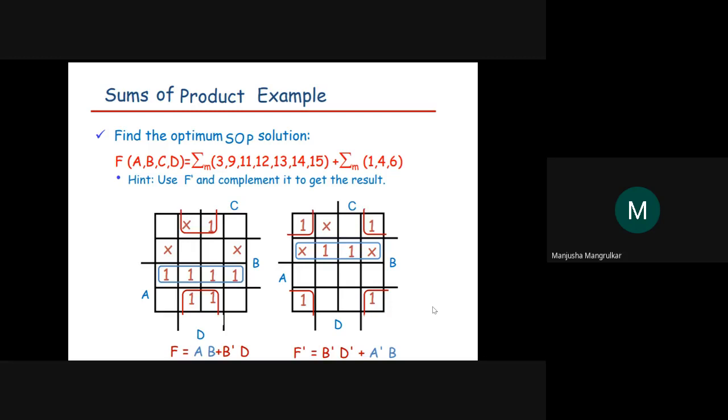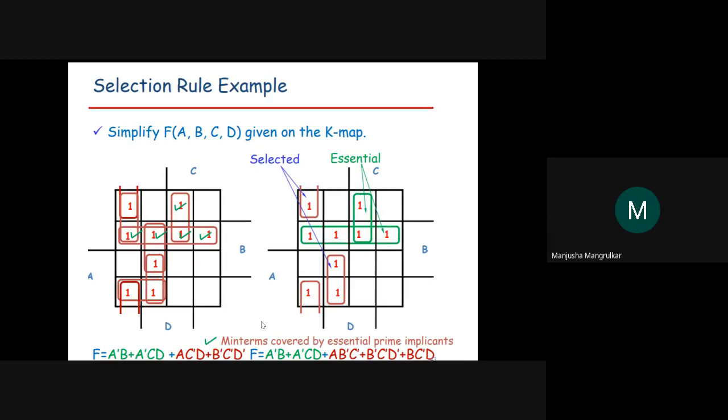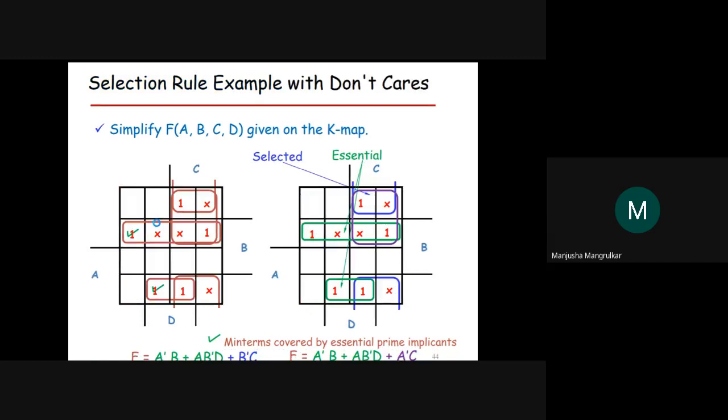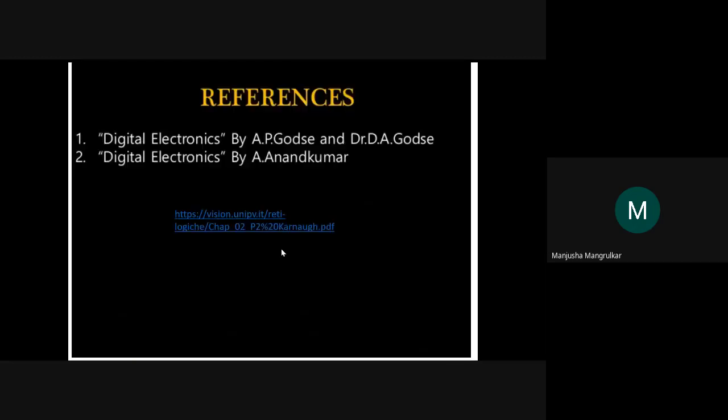For that you need to practice very effectively. So the selections of groups, these are the essential groups, right? You can do the grouping, if this is one, this is one, this is one, so you can use the don't care also for making the groups.